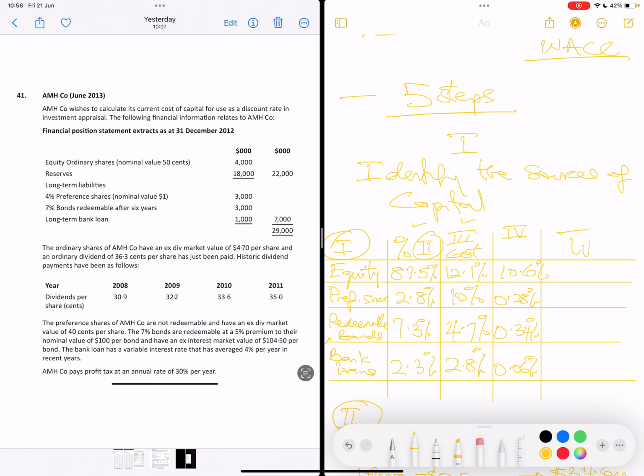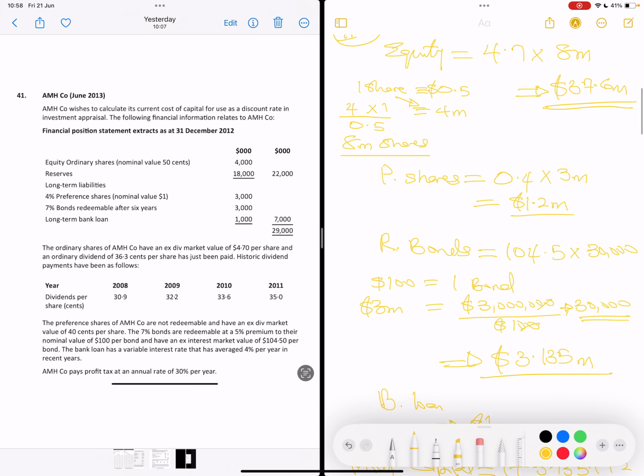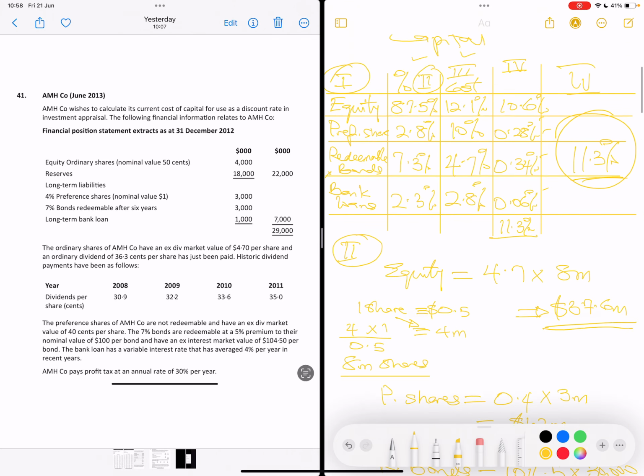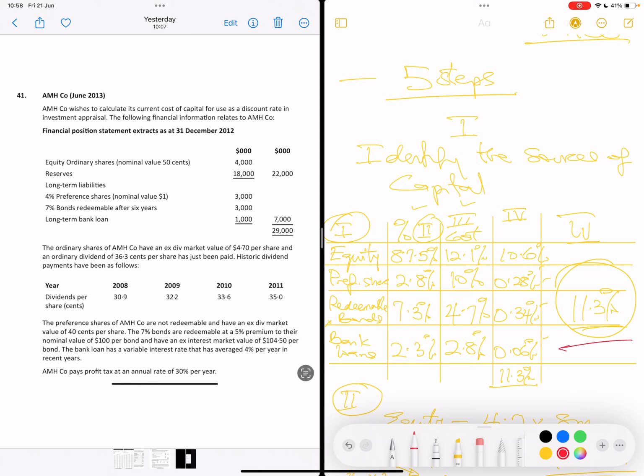And step 5 is the addition of everything, adding all of this together. So that's 0.06 plus 0.34 plus 0.28 plus 10.6, and that gives 11.3%. So our WACC here is 11.3%. And that is it with AMH.